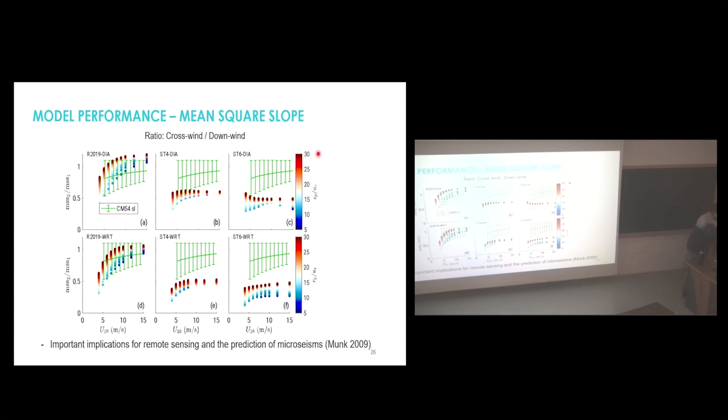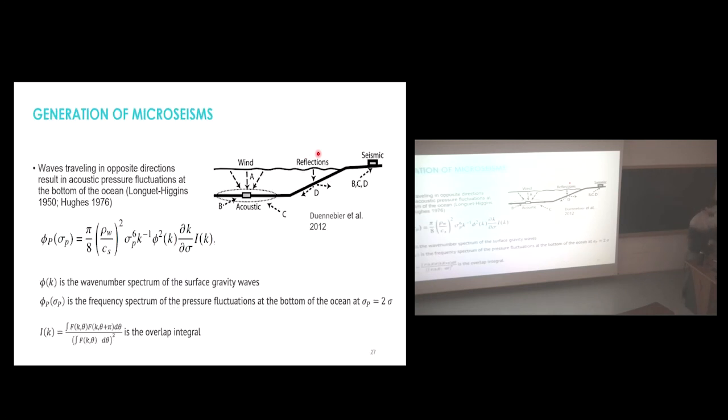So Fabrice did a very good job at explaining that, which I'm glad, that when you have waves going in opposite directions, you get a second order pressure signal at the bottom of the ocean. And Longuet-Higgins and others developed a framework for that.